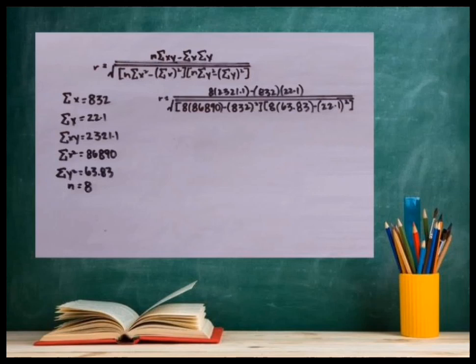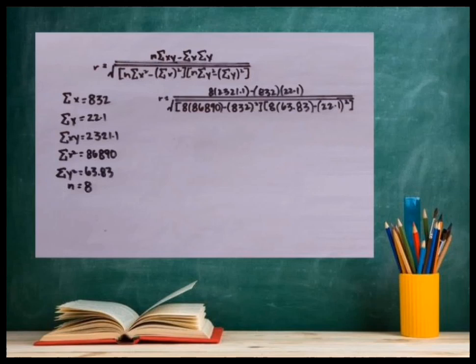Magkasama muna ito, dalawang grupo sila: 8 times 86,890, kasi yun ang value ng summation ng x squared, minus summation of x, 832, squared. And then sa kabila naman, 8 times summation of y squared, that is 63.83, minus summation of y, which is 22.1, squared.